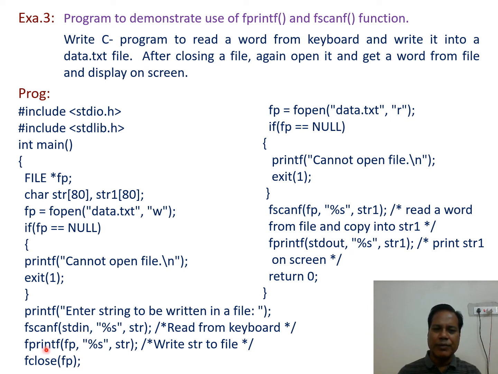Then fprintf using this statement, %s str, the data string taken in is stored in the file pointed to by the file pointer fp. So first the data is taken in by the scanf function from the keyboard, and then it is printed in the file pointed to by the file pointer fp. Then the file is closed by the fclose(fp) statement.